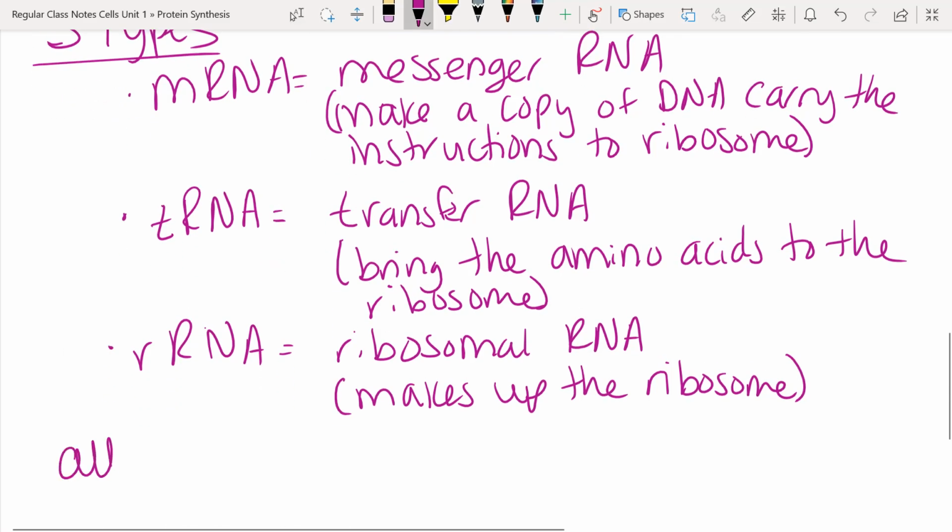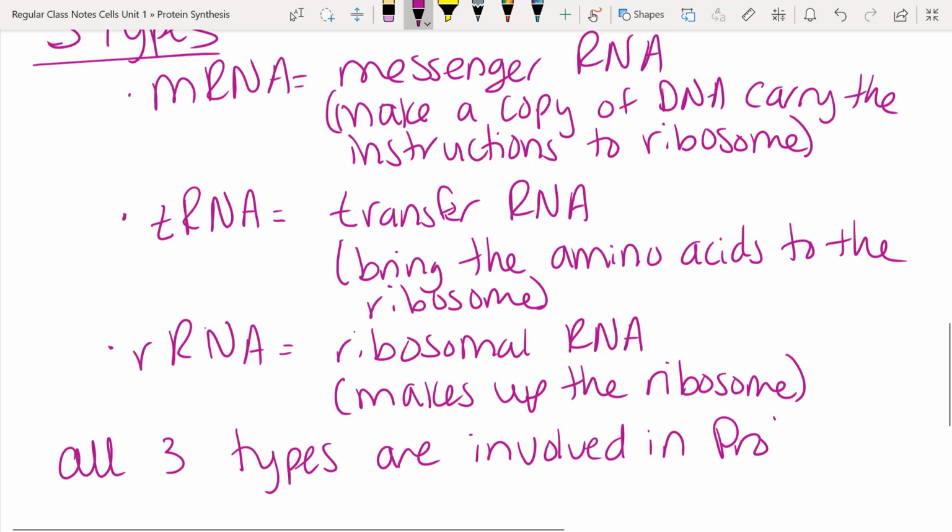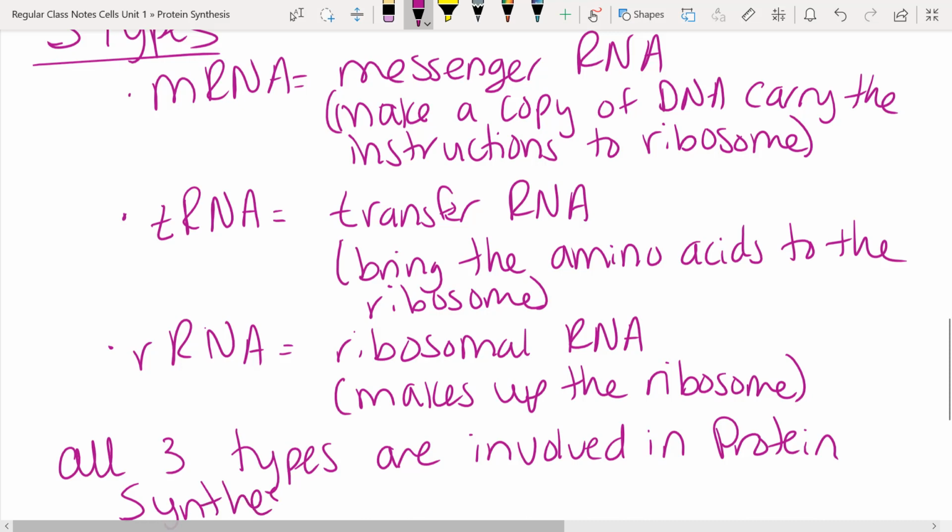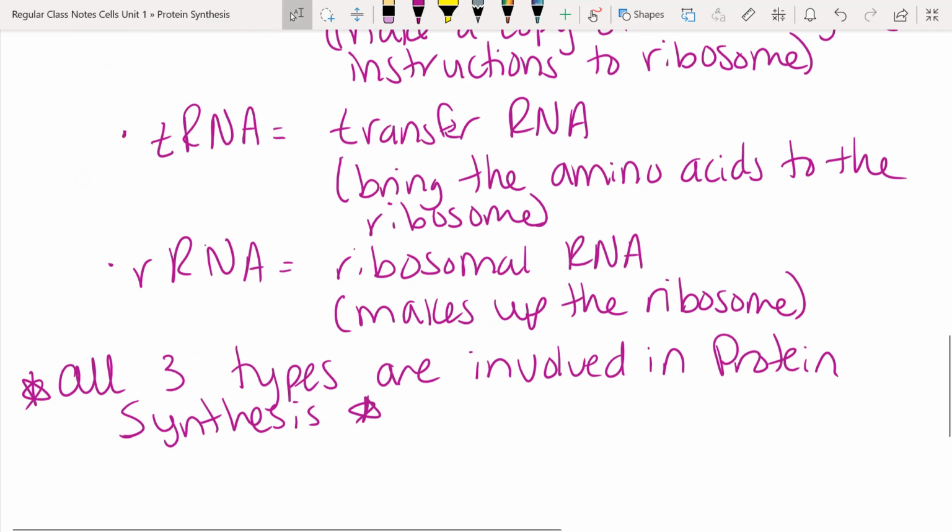All three types are involved in protein synthesis. So we're going to be talking about all three and how each of them are involved in producing proteins inside of the cell.